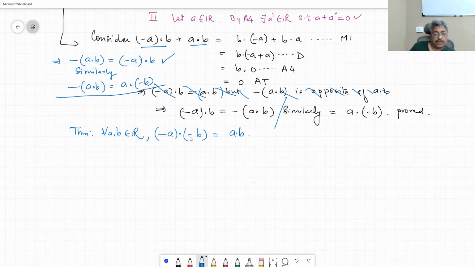Opposite of A into opposite of B is equal to AB.